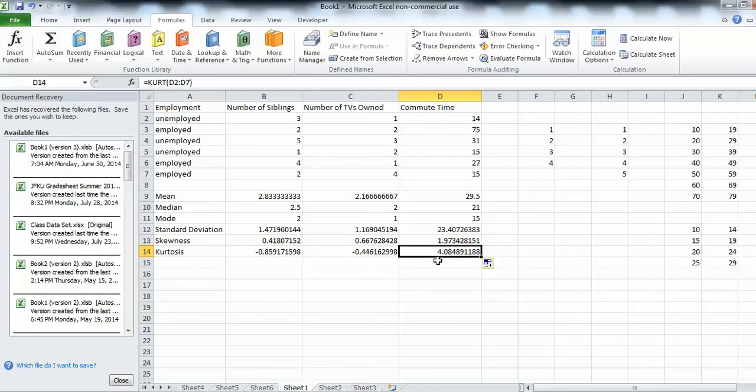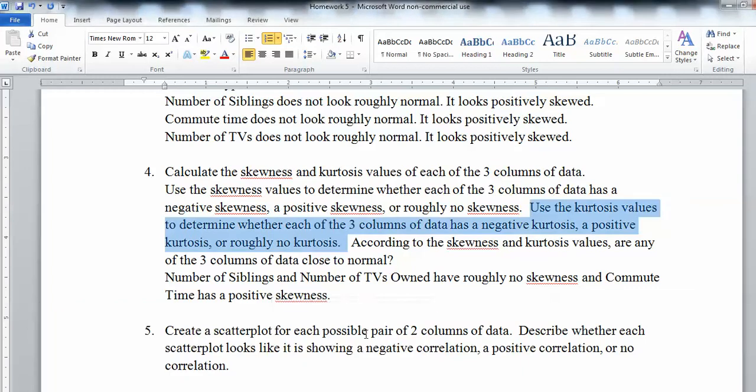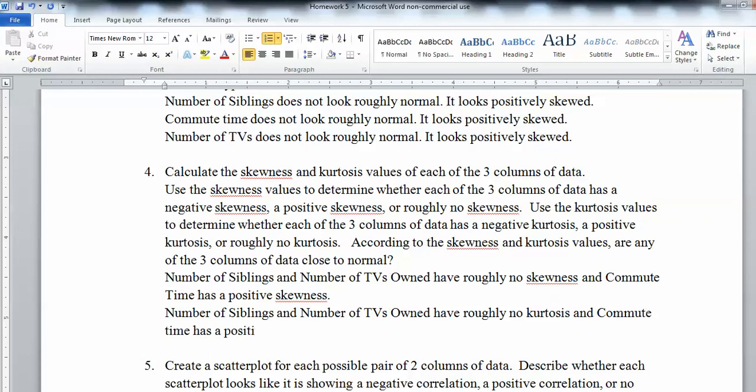So I would say this is positive. So number of siblings and number of TVs owned, roughly no kurtosis. And commute time has a positive kurtosis.